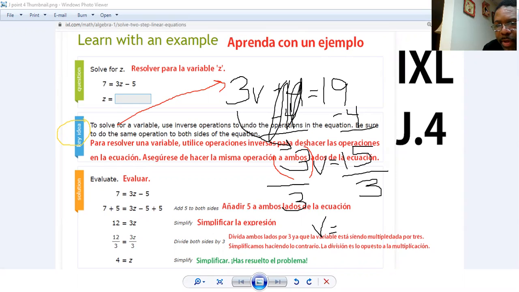So now we need to divide 15 by 3. 15 divided by 3 is 5. So v is 5.